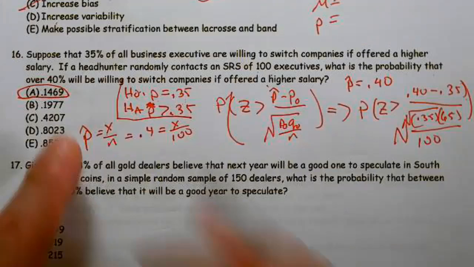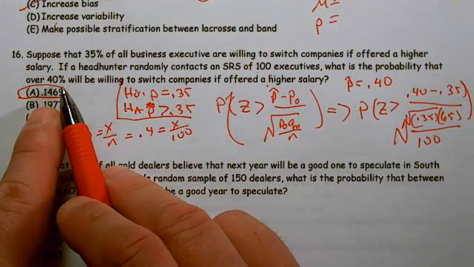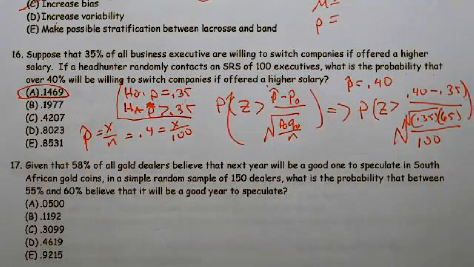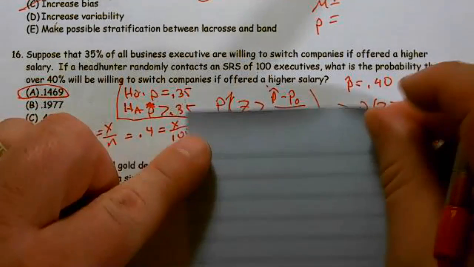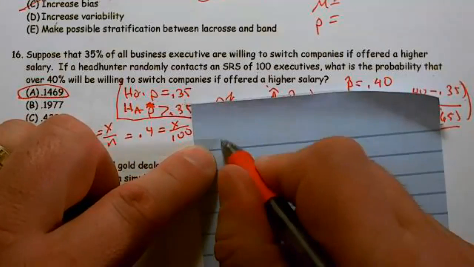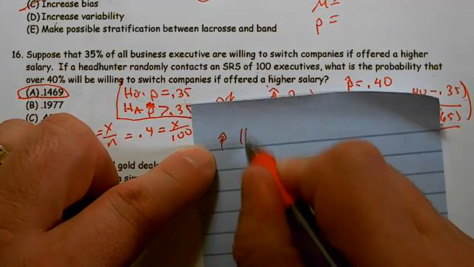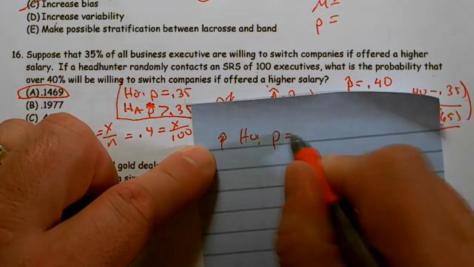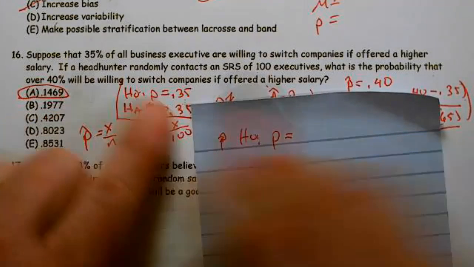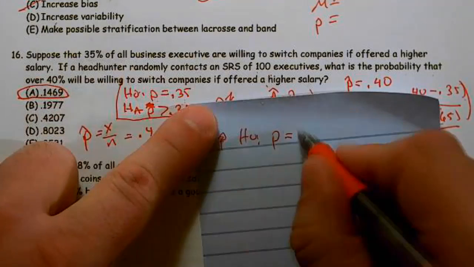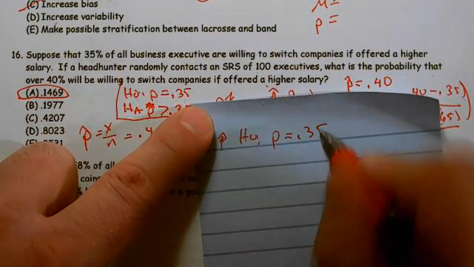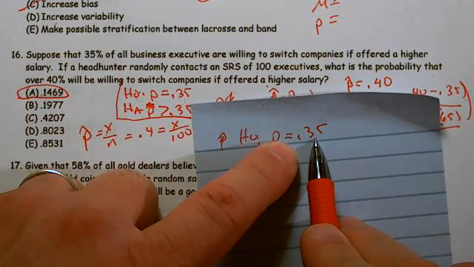Thank you for catching me on that so I could get that corrected. All right, so the question is, how did I know to use 40% as my P hat? Remember, the null hypothesis is based on the initial claim. The initial claim is that 35% are willing to switch. They're telling me this is the true population.